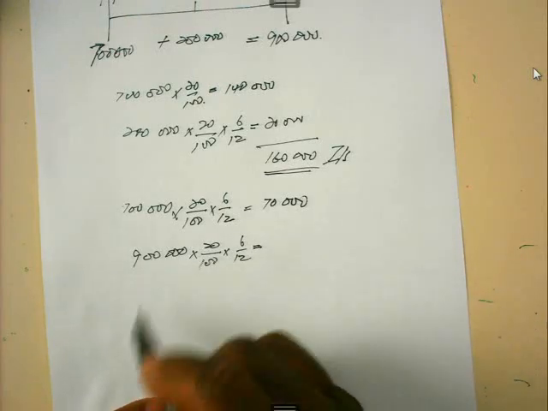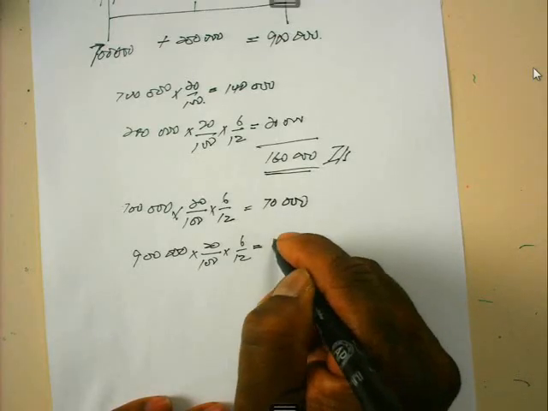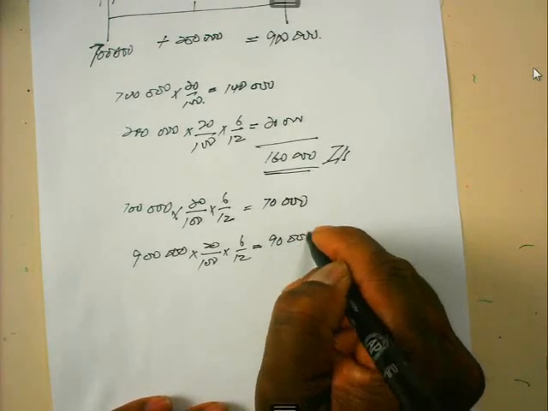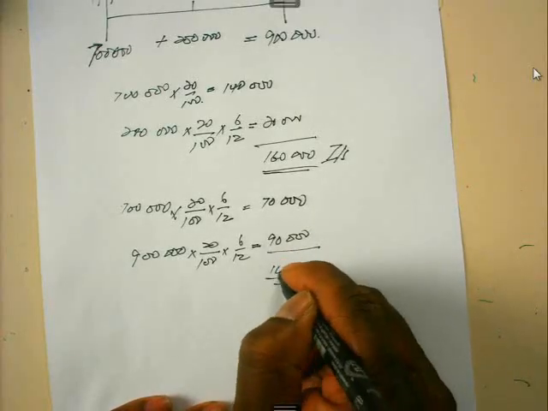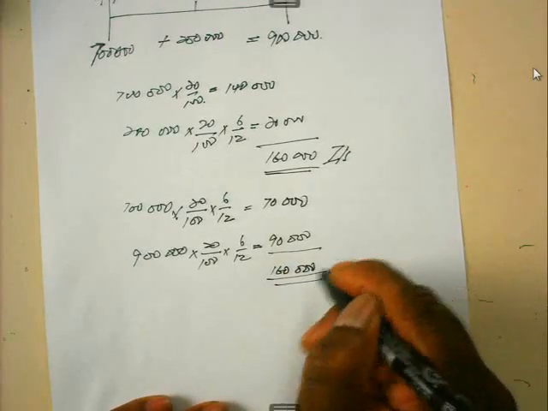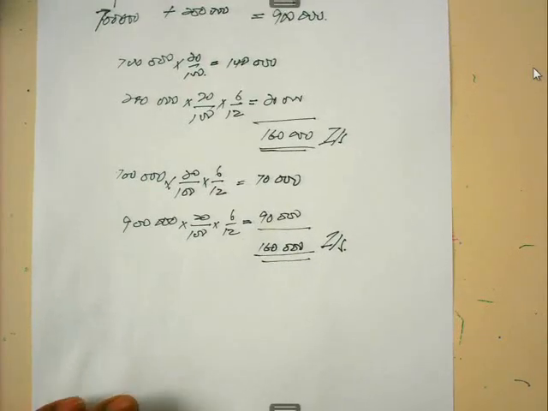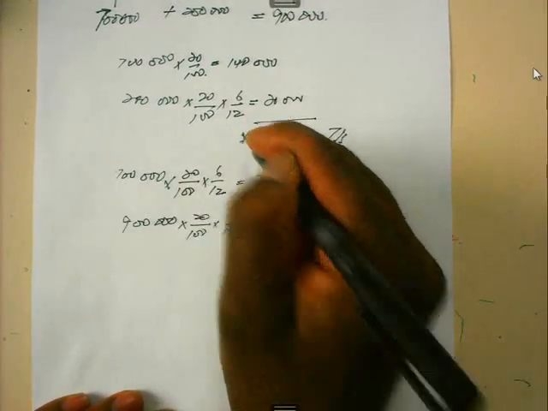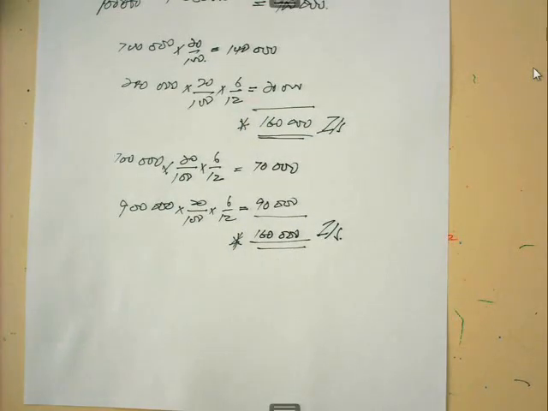And 20% of this will give you 90,000. 90 plus 70 will give you 160. Same answer, and this is the amount that will go in your income statement. You can either do it this way or this way, whichever way you find easy.